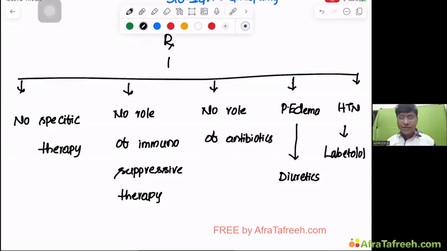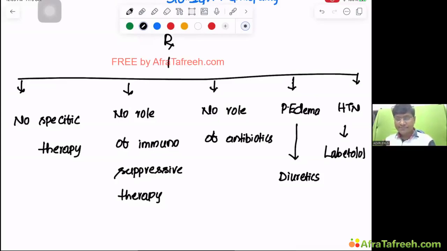What are the classifications for aortic dissection? We have discussed two classifications. Can anyone tell me? Very good. One is DeBakey, the other one is Stanford classification. What is the characteristic presentation in patients with aortic dissection?